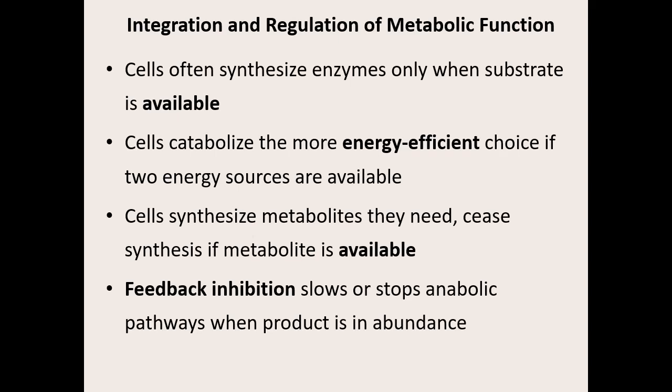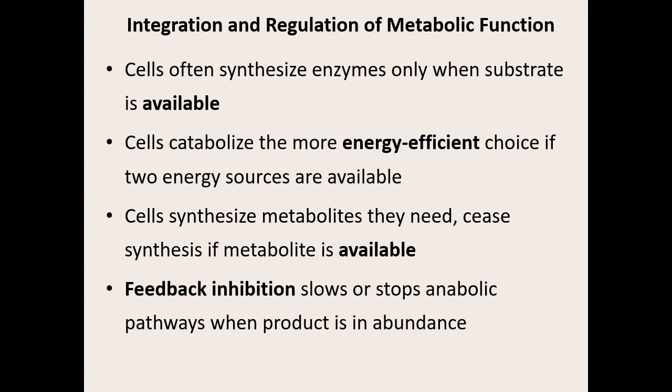Cells are going to synthesize or make metabolites as they need them and then stop making them when there's enough. It's like, let's make the things we need and then let's just stop when there's already enough of it. And that feedback inhibition, where your final product becomes an inhibitor, also helps slow things down.